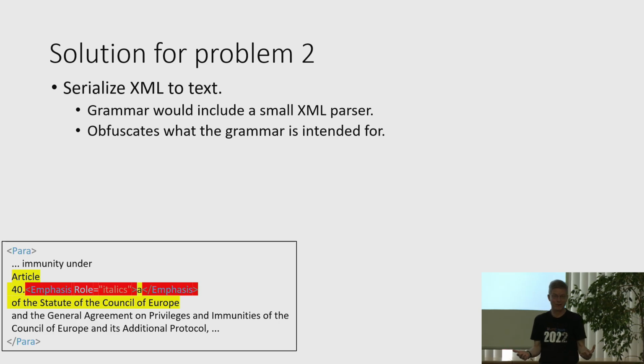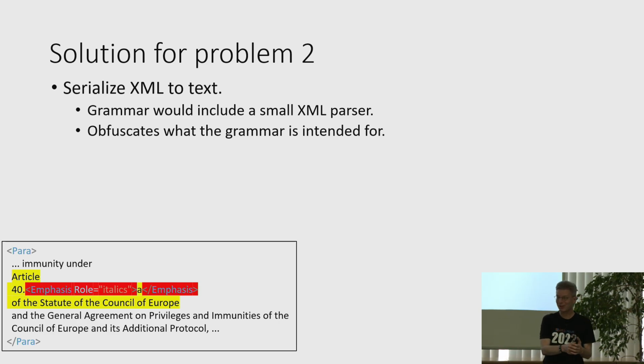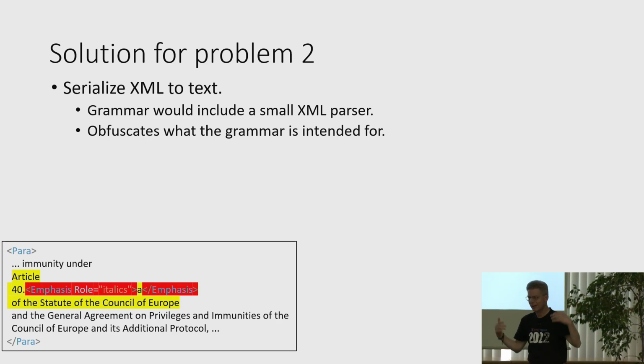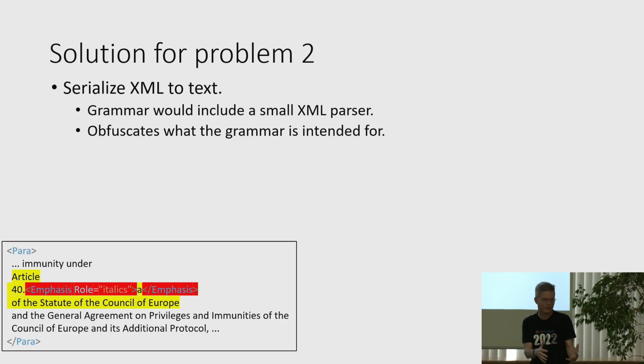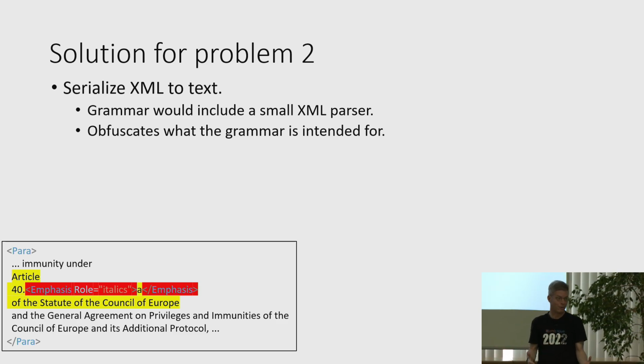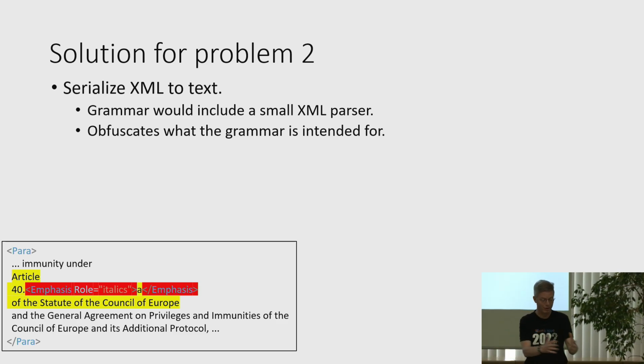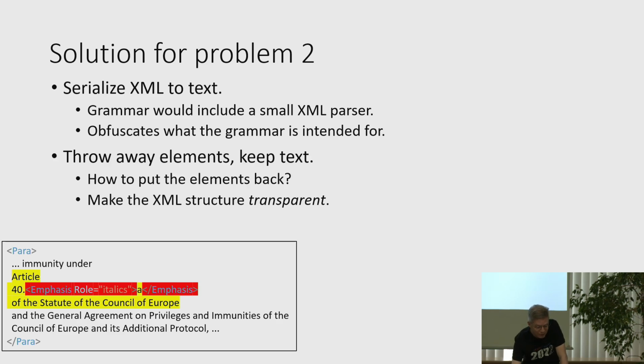It was not about parsing XML. We have perfectly capable tools for that. We only wanted to match the references. So it works, but then you have to serialize, run the link matcher, recognizer, and then parse again. So it's also quite slow if you do the parsing in multiple phases.